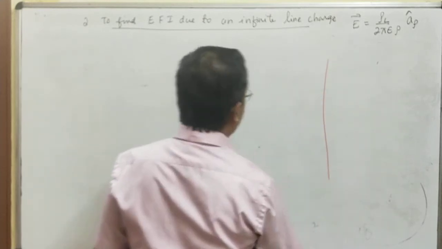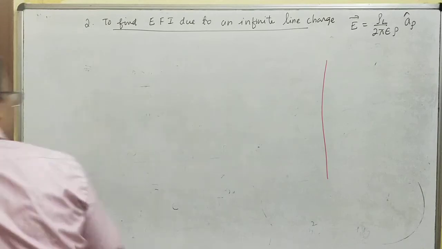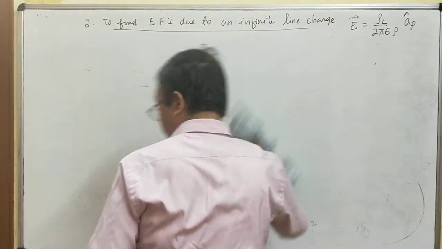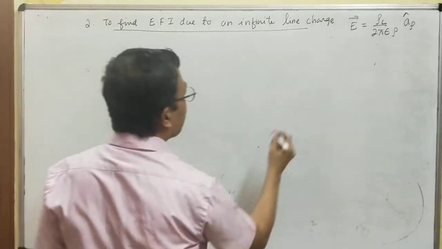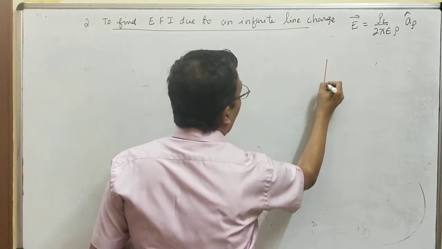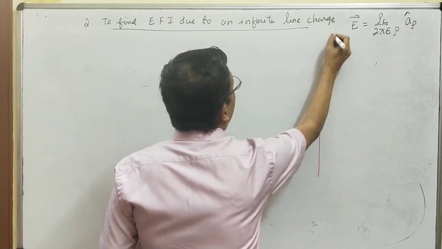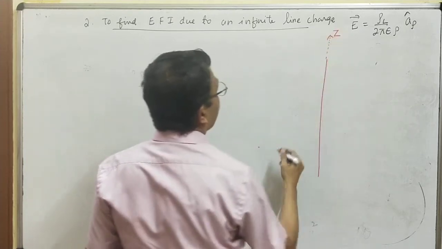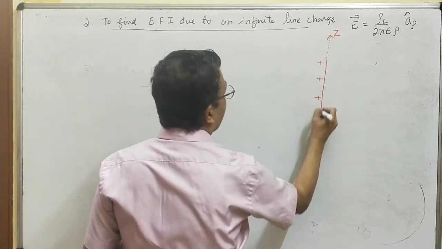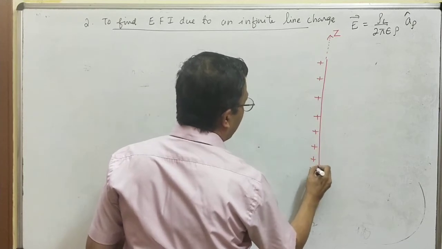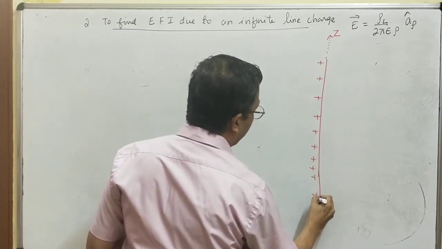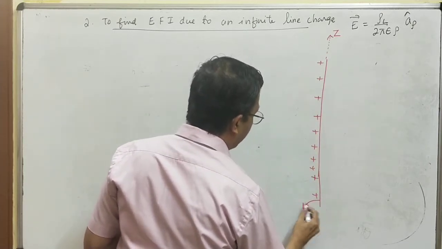Let us say this is the infinite line charge. Let us assume that infinite line charge is kept on z-axis, aligned with respect to z-axis. What is the charge density?